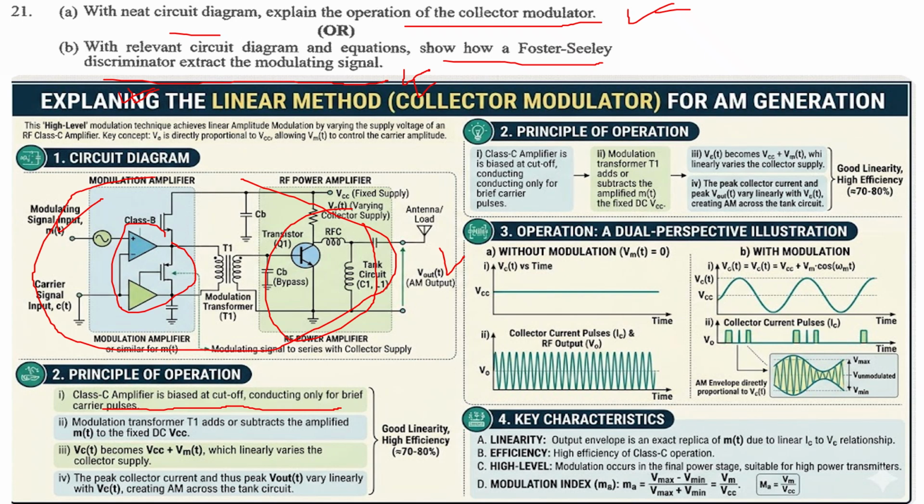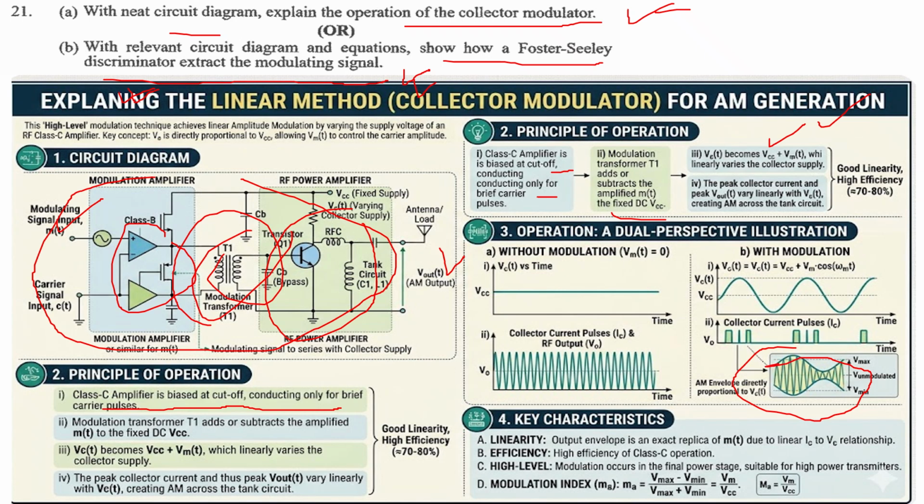The modulation transformer, that is T1 here, adds or subtracts the amplified message to the fixed DC, right? So VC, that is your carrier, plus the message signal, it will add or subtract depending on that. Finally, the output is your modulated message.